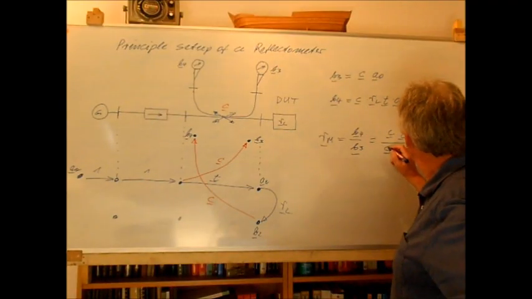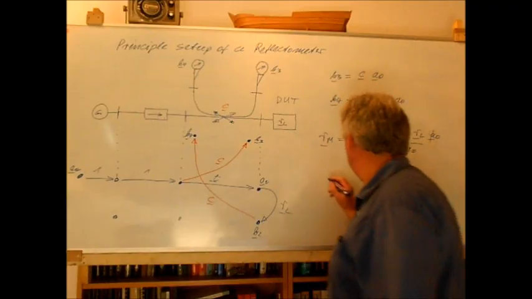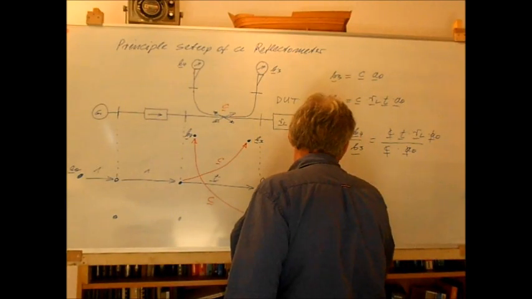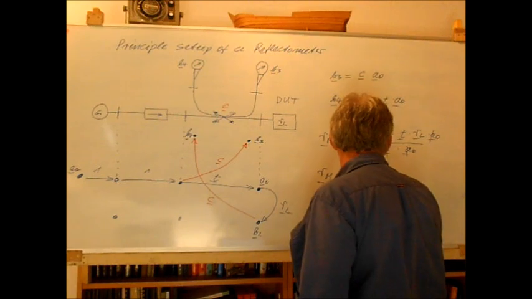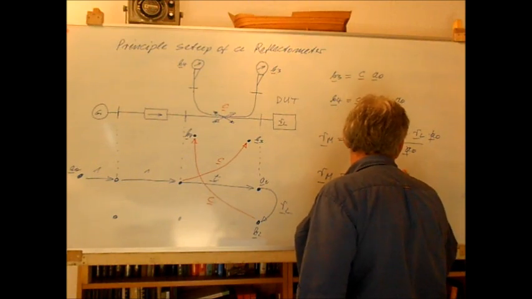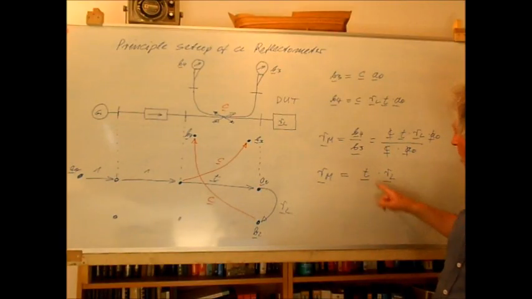You see, this will cancel against this, and we will get the measured reflection coefficient Rm, which will be T times the reflection coefficient RL of our load.